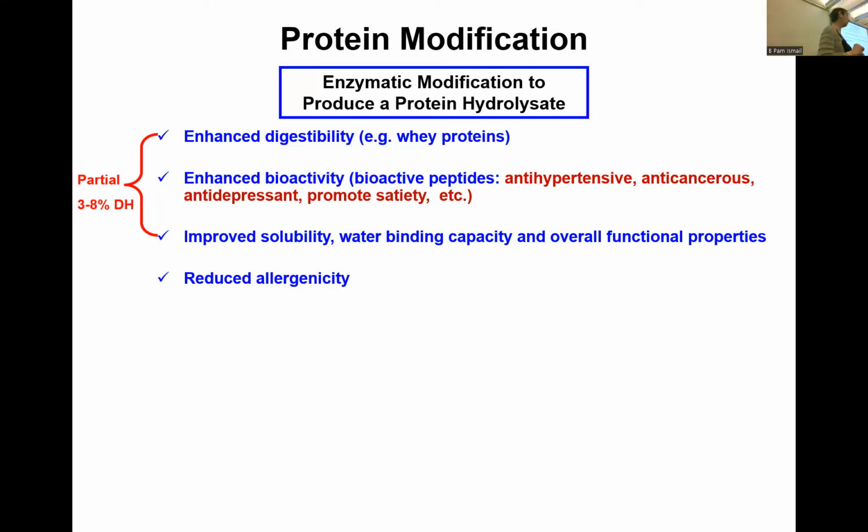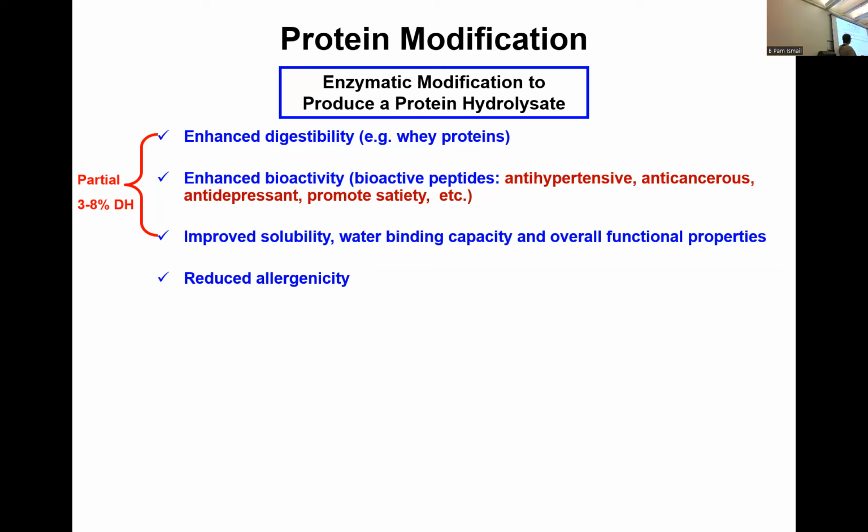Targeted enzymatic hydrolysis, though, is not random. Usually we target a low degree of hydrolysis, so that we don't get a lot of peptides that could potentially be bitter. We increase the perception of bitterness at a high degree of hydrolysis.